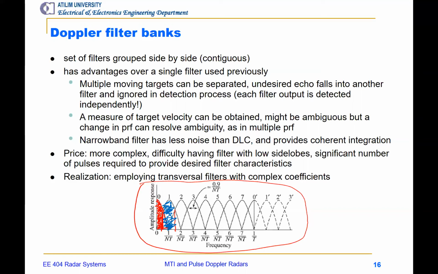And there may be side lobes, for example, that we do not show here. So there are too many challenges here, but the idea is simple. We simply divide the band into very small subbands. We design a filter in each subband and then simply apply the signal to all these filters and then choose the one that gives the maximum response as the Doppler shift.